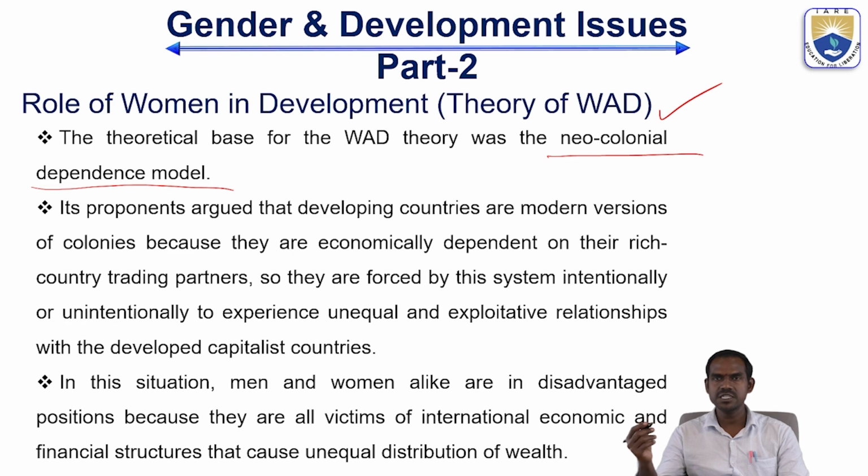the developed capitalist countries. So once again, what did the proponents of WAD theory argue? They argued that developing countries are modern versions of colonies because they are economically dependent on their rich country trading partners, and so they are forced to experience unequal and exploitative relationships with the developed capitalist countries.